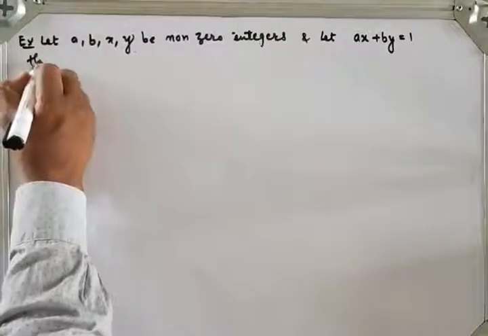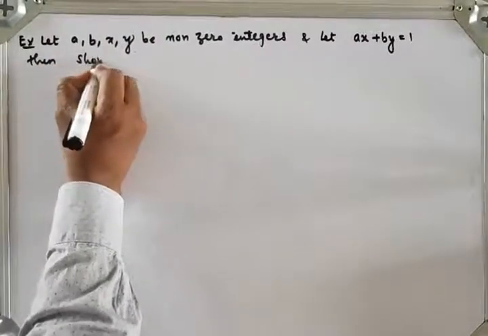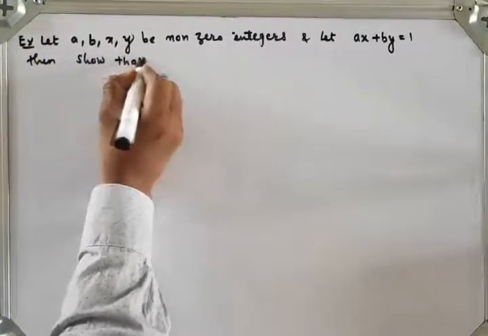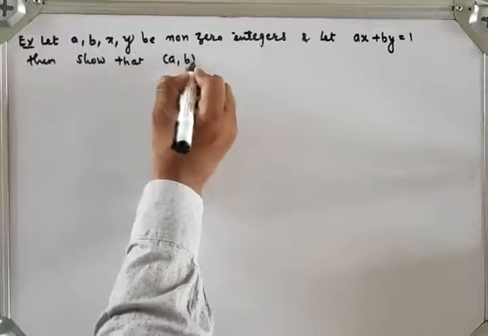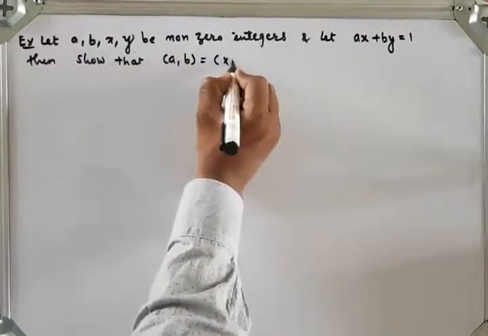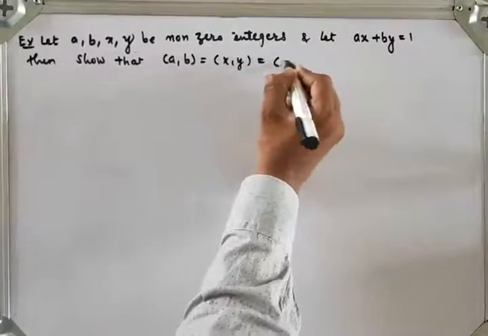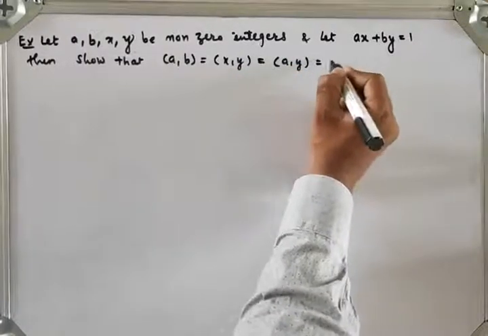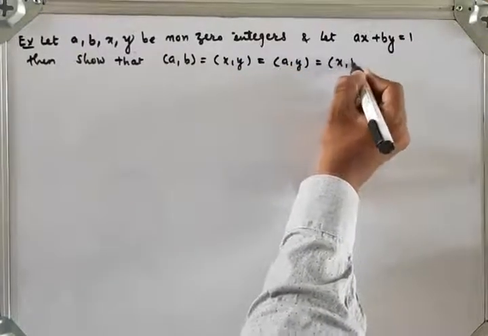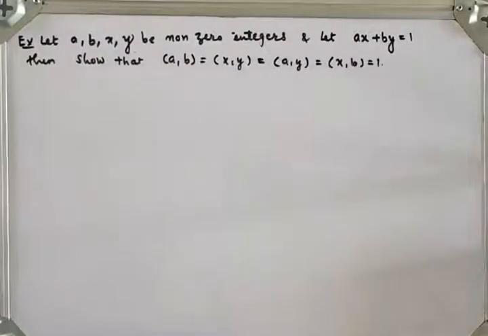Then show that GCD of a and b is the same as GCD of x and y is the same as GCD of a with y is equal to the same as GCD of x with respect to b, is 1.